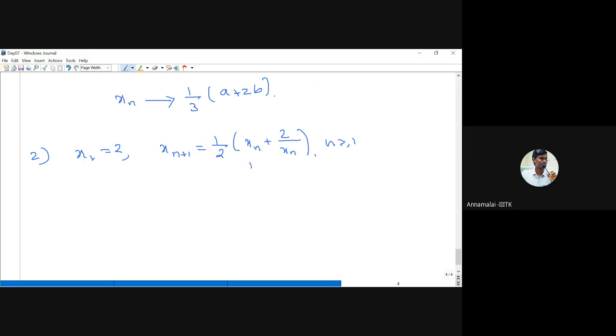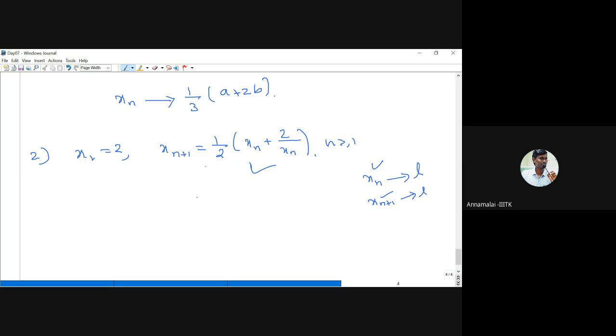Assume that xn converges to some point, maybe I call L. We have to find what that L is. Since xn converges to L, xn plus 1 also converges, because this is nothing but a subsequence. Here we start from x1, here we start from x2. You just omit the first term, so it converges to the same point.